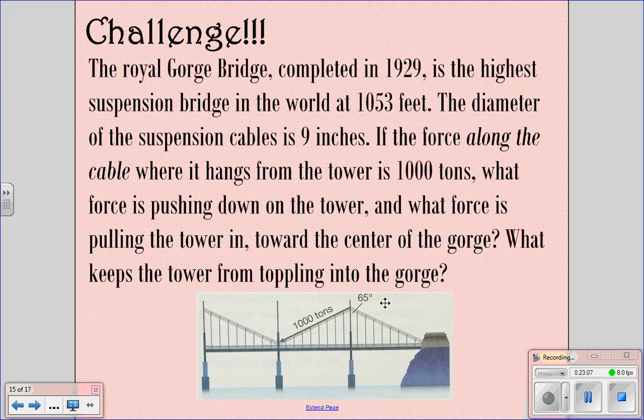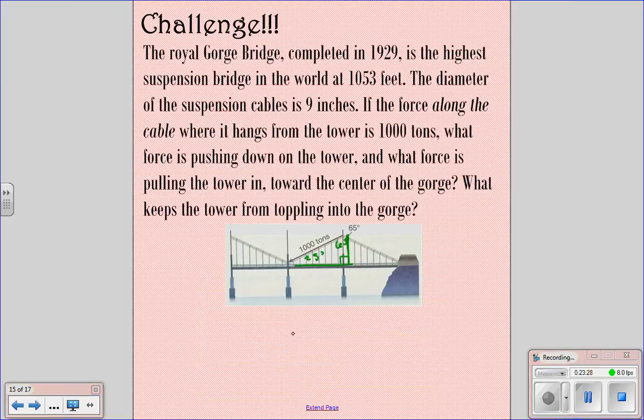Well, we know that this angle here is 65, and so this angle is going to be a 65. We're looking for the height and the base of our triangle. So we can either use this angle here, 65, or we can use this angle here, which is going to be 25. Doesn't matter, you can use either one.